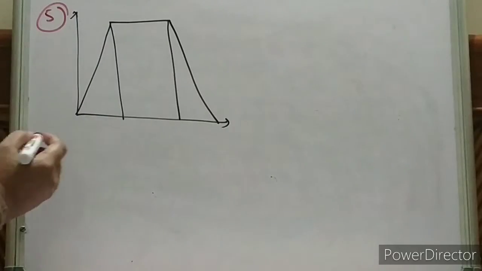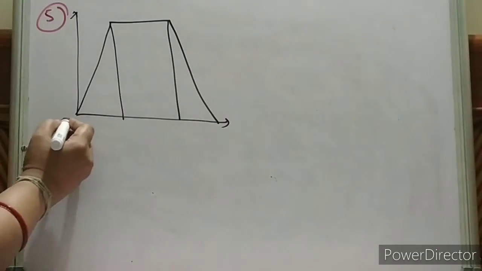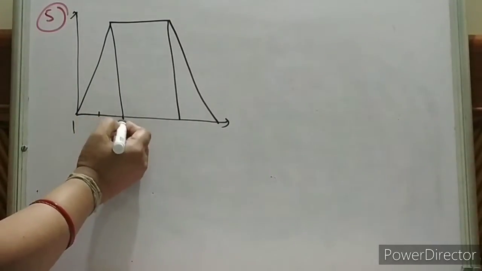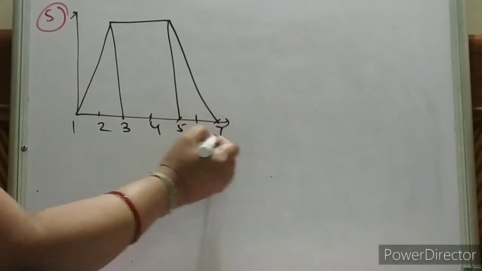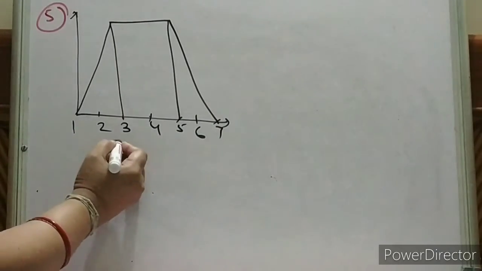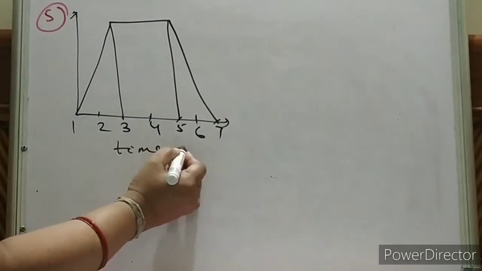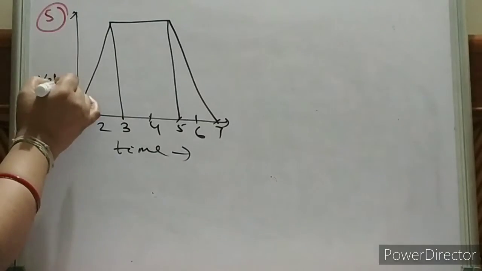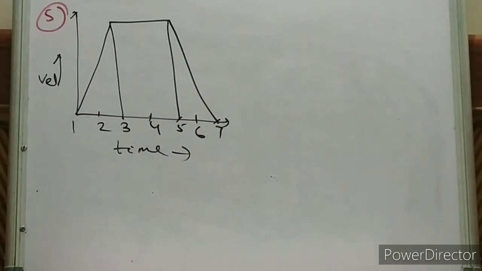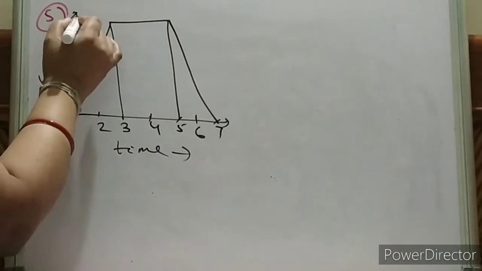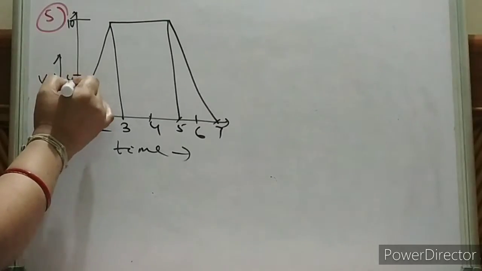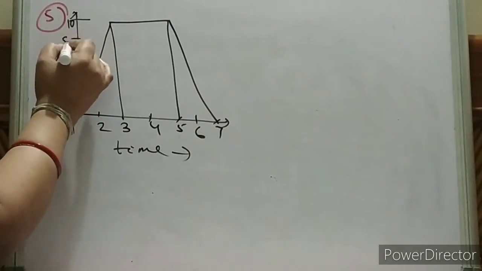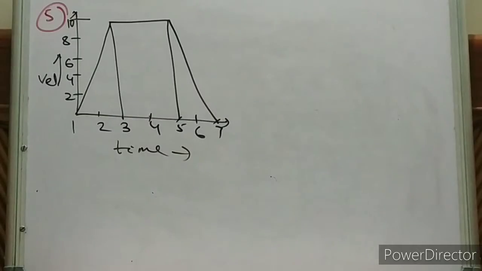Okay, so it is given like this: 1, 2, 3, 4, 5, 6, 7. So this is your time and this is your velocity. This is a VT curve. And it is given like this is your 10. So 2, 4, 6, 8 and 10.